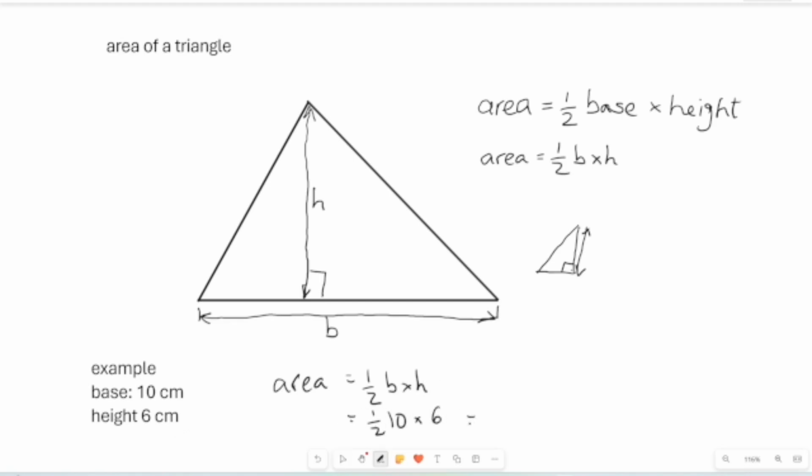So we can do that. It's very easy. We can do it in our head. 10 times 6 is 60, and 1/2 of 60 is 30. So that's 30, and the units were centimeters. We've got centimeters being multiplied by centimeters, so the units are centimeters squared.